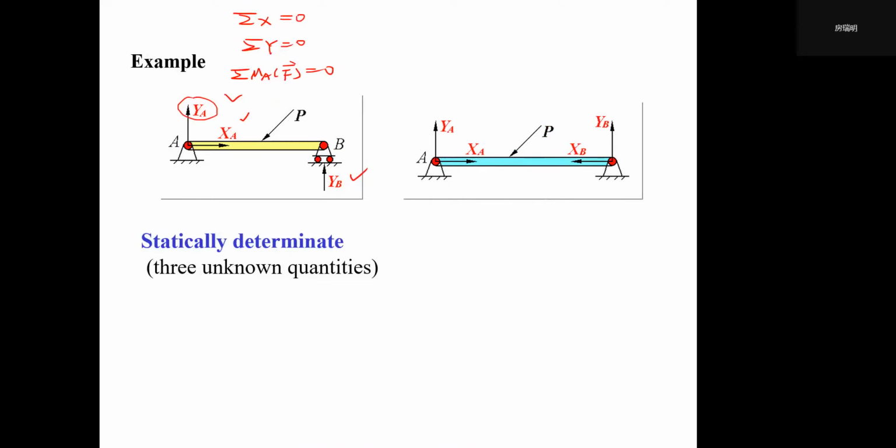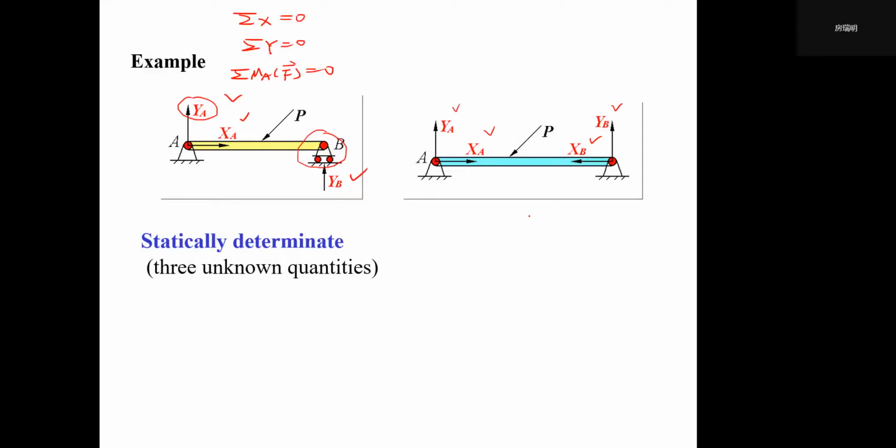See, that is the so-called statically determined problem, right? And let's see the right one. You see, this time we change this constraint into another fixed support. Then, according to its reactions, we will have YA, XA, YB, XB.